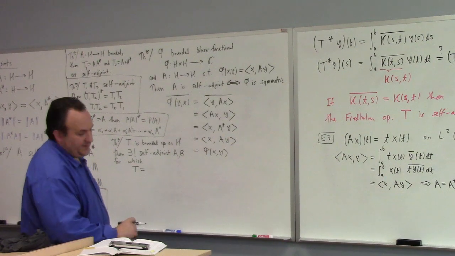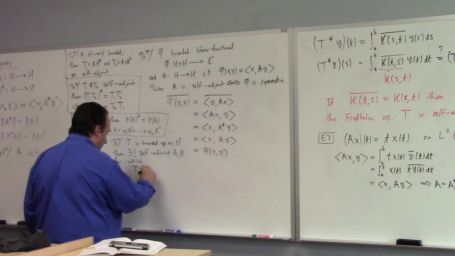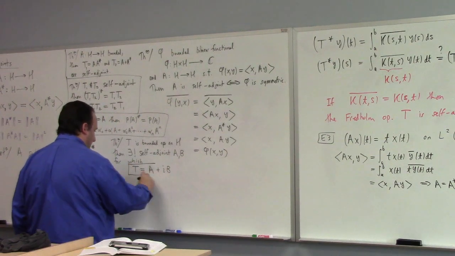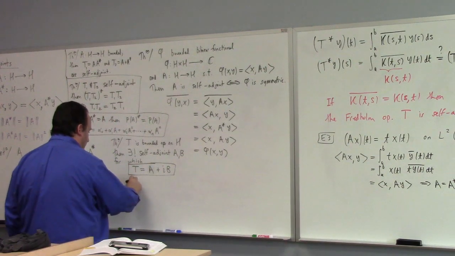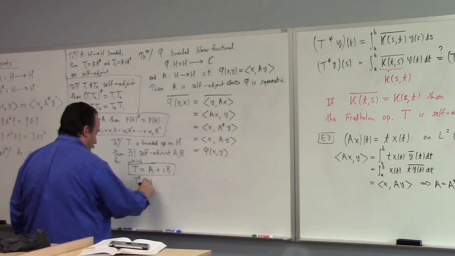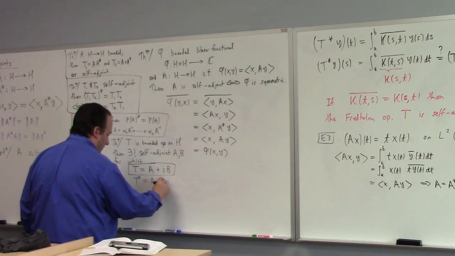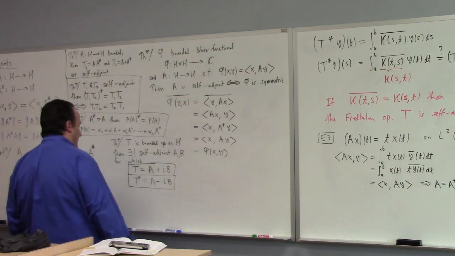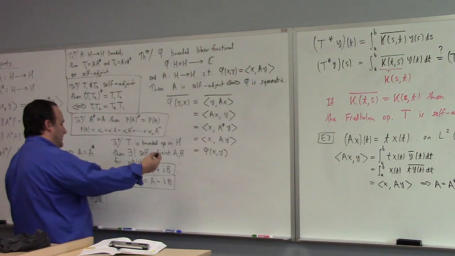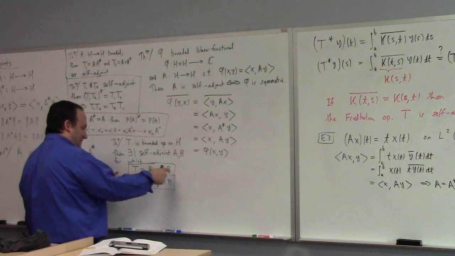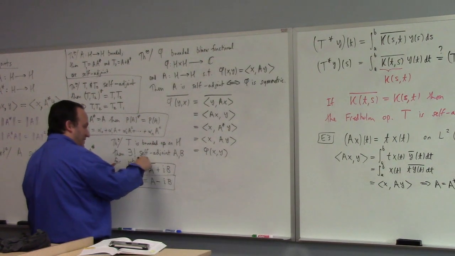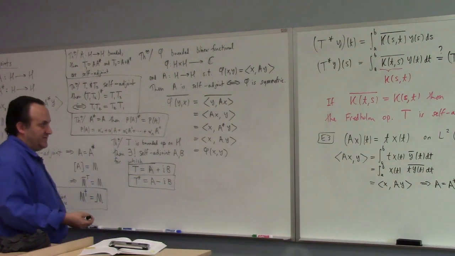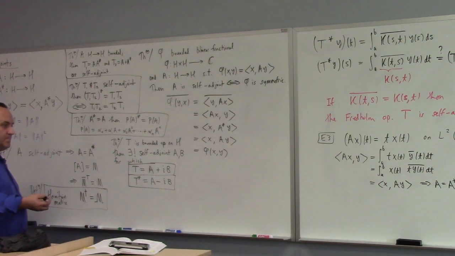So T is equal to A plus iB, and T adjoint is equal to A minus iB. Of course, you don't really need to say both of these things. If you have this and you have that A and B are self-adjoint, then this automatically follows by the properties of the adjoint given at the start of this section.